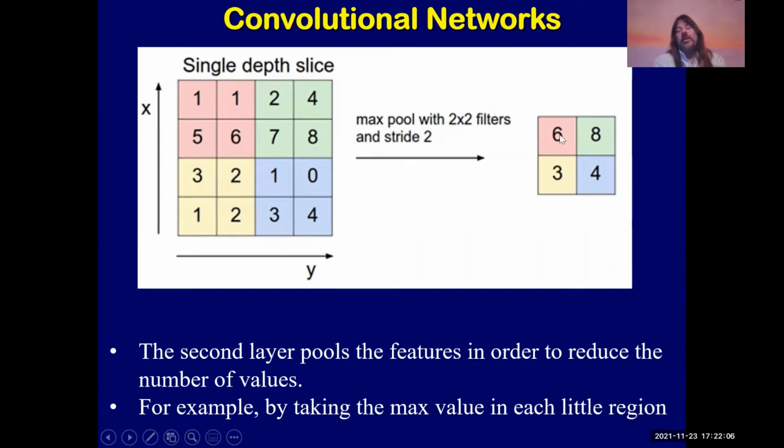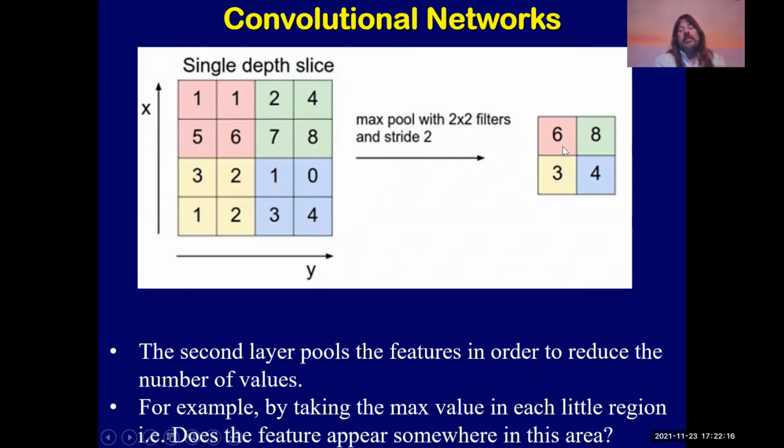So the 6 is the maximum pink value, and the 8 is the maximum green value, and so forth. Why do they do that? Because now the 6 tells me, does the feature appear anywhere here? I don't care exactly where it is. I just want to know whether somewhere in this region there appears a feature.